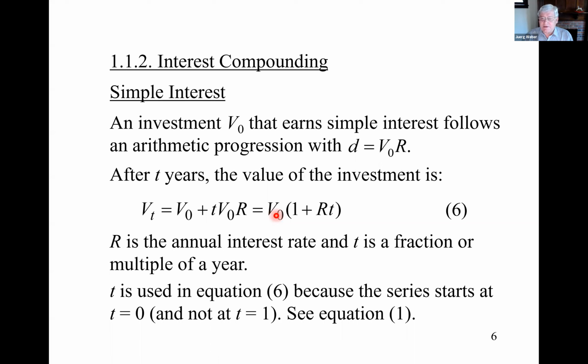Now, one thing may surprise you here a bit. Why do we take T here? And why don't we take T minus 1? That's the case because here our series starts at time 0. And in the earlier formula, we began the series at time 1.